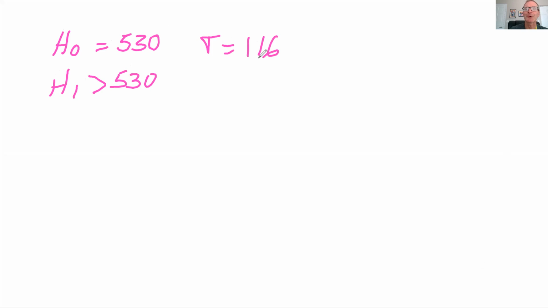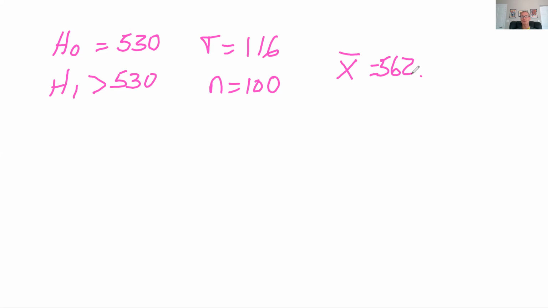And we also know that we took 100 students that did the prep, and their mean was 562. And you remember we calculated the z-score, and we had a z-score, I believe, of 2.76. And we compared it to the 5% tail, which would have been a z-score of 1.645.